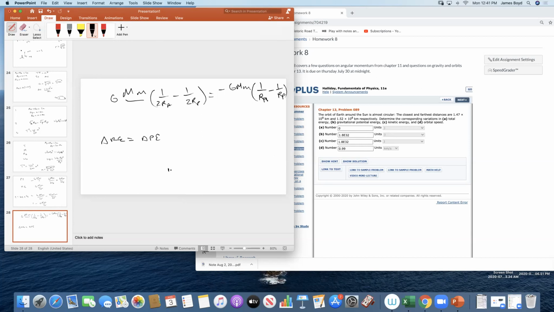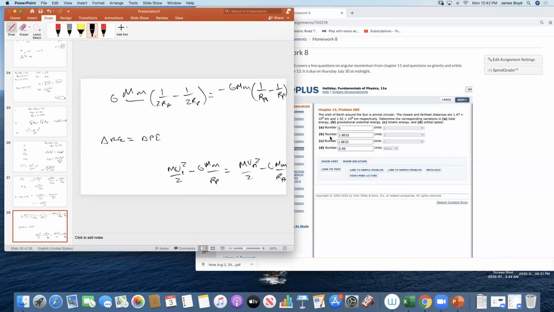It actually works better when you do mv squared over 2 minus GMm over RP is equal to the same at RA, and I know that seems weird, but it's really easy to get things that don't actually make any sense when you're doing these RAs and RPs. Anyway, regardless, the change in energy is 0, energy is conserved.